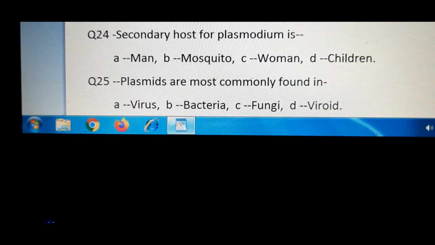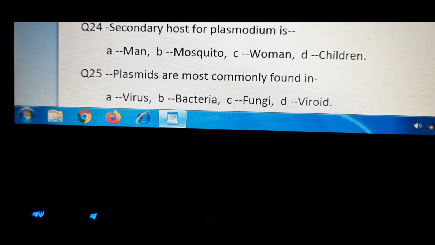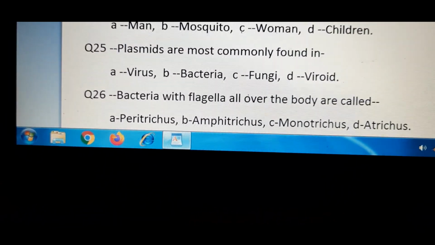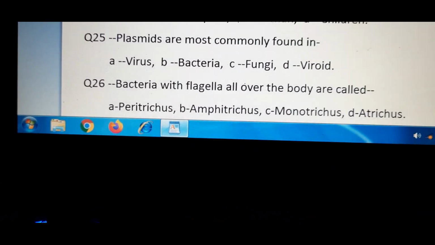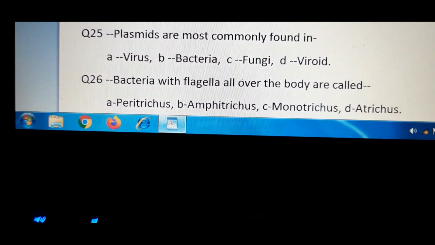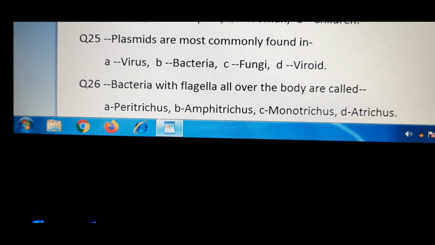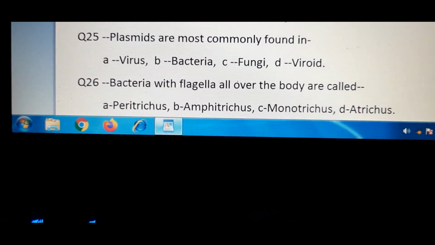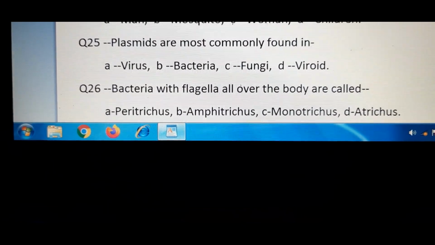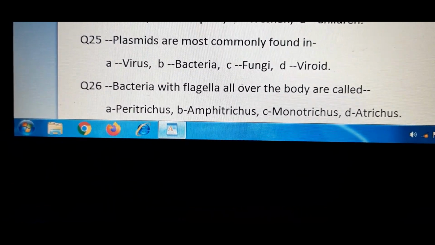Now question 25. Plasmids are most commonly found in. What is a plasmid actually? Plasmids are circular extranuclear DNAs in bacteria. As for their benefit, they work like WBCs in our body.